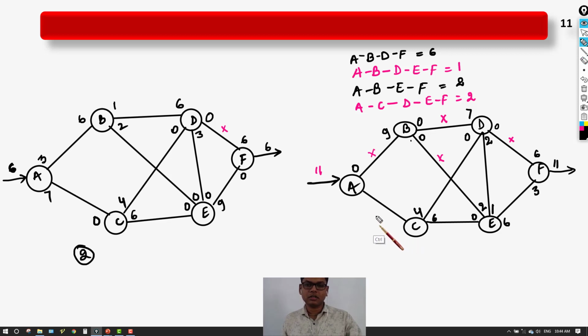So remaining will be 5, and this side 2. This one also 2 gone. So 2 and 2. This will be 2 and 2. Here 2 gone, so it will be 0. Here 2 added, so 3. Oh, sorry.